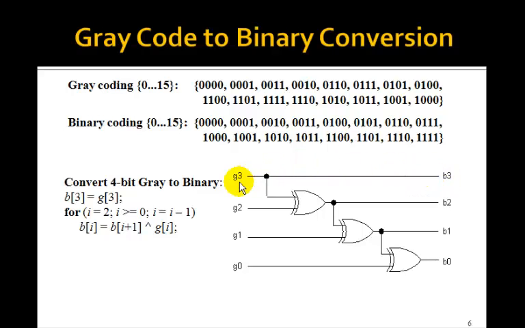Here the most significant bit gets copied, B3 gets G3, but now B2 gets B3 exclusive OR with G2, B1 gets B2 exclusive OR with G1, and B0 gets B1 exclusive OR with G0. So here, one of the inputs to these exclusive OR gates is a previous result. So this circuit involving these 3 exclusive OR gates will produce a gray code to binary conversion.